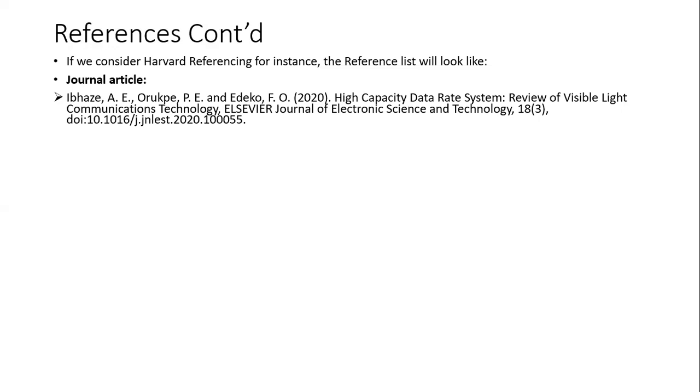Then the title of the article, High Capacity Data Rate System, Review of Visible Light Communications Technology, then the name of the journal, which is usually in slanted form. Then the volume 18, then the issue. Then, should there be a page number, fine. But here they have an identifier instead, so then the DOI.